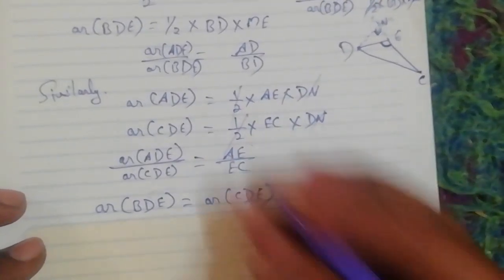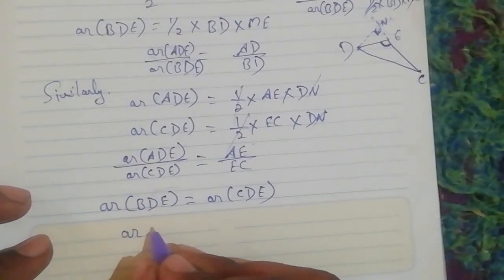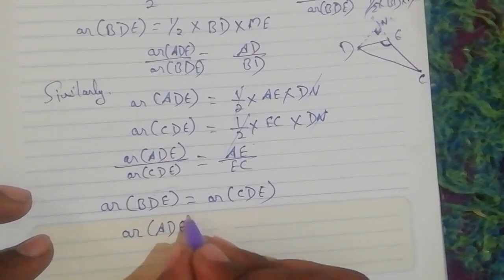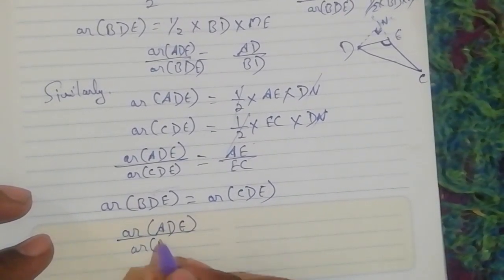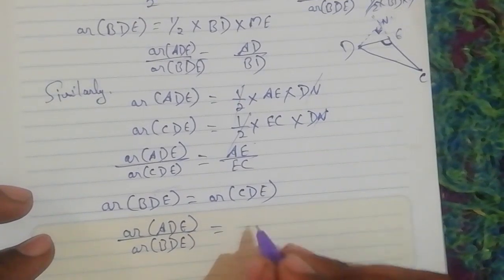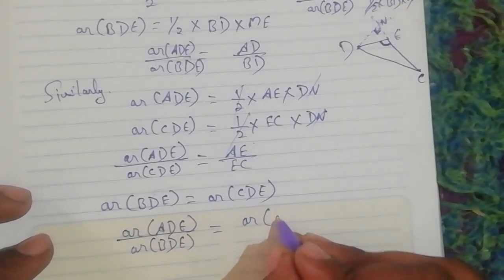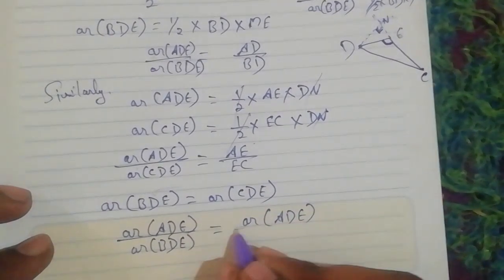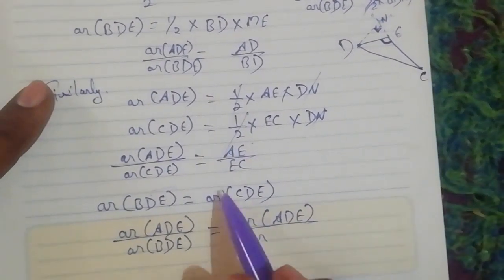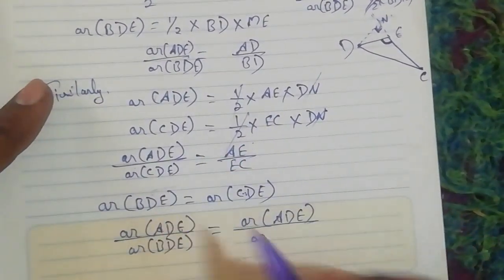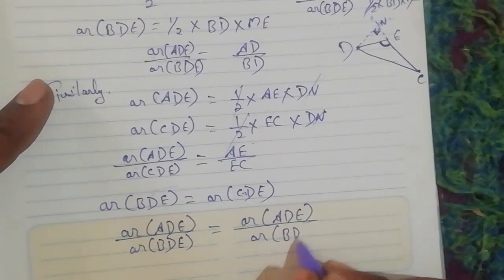Now from here if we write area of ADE upon area of BDE is equal to area of ADE upon area of CDE, which can be written as BDE.